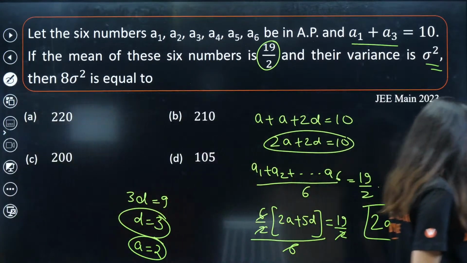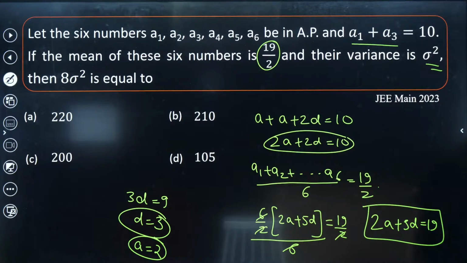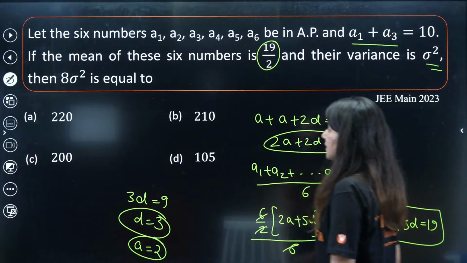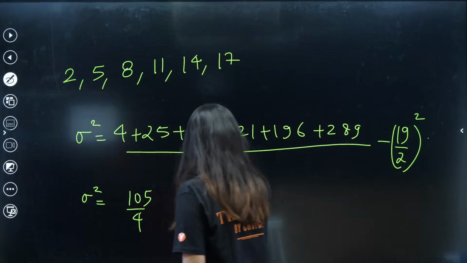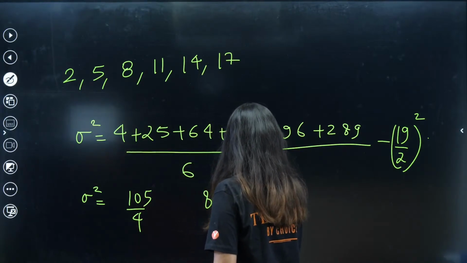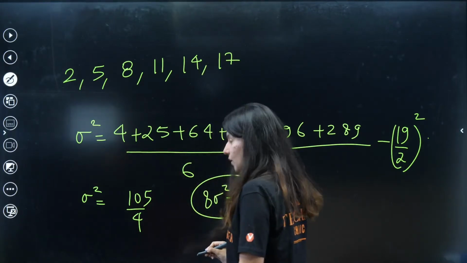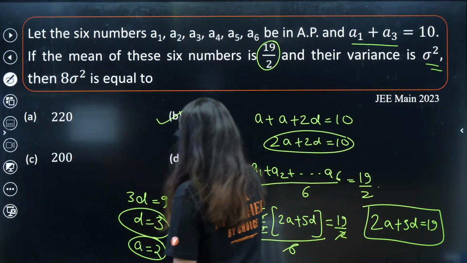Do the calculation, let me know the answer. So this will be 105 by 4. Right? And 8 sigma square will be equal to 210. So yes, you guys are absolutely right. 210 is the correct answer.